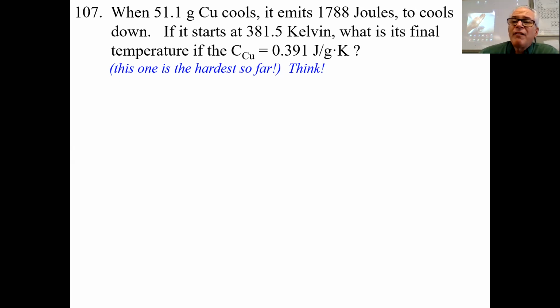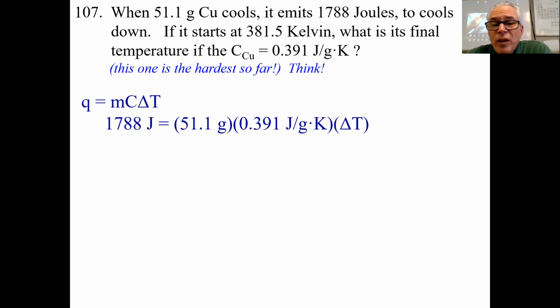Let's go slow and figure out what's the formula. There's only one formula. If we plug things in, the 1,788 joules, the mass of copper, 51.1 grams, the C value for copper, which is low, much lower than water. It's a given.